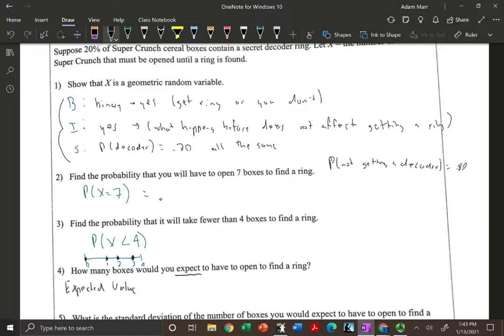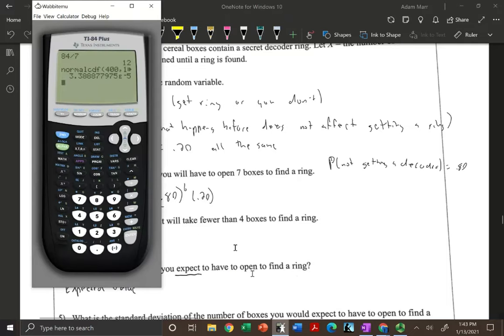So if it's 7 boxes, that would be 0.80 to the 6th power times 0.20 to the first, or just 0.20. You could just do that by hand right there, and you'll get 0.0524, right?